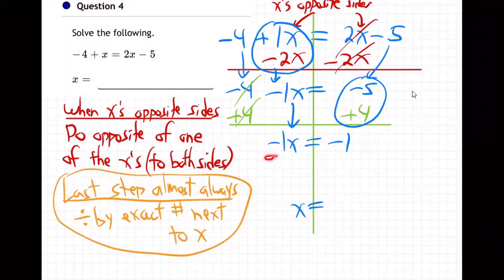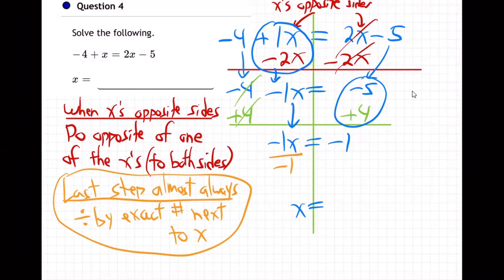So what do we have next to x? A minus 1. So I'm going to divide, not add, not subtract. I'm not going to add 1. It's dividing. It's dividing by what? Dividing by the exact number next to x. Same sign, same everything. The identical twin.